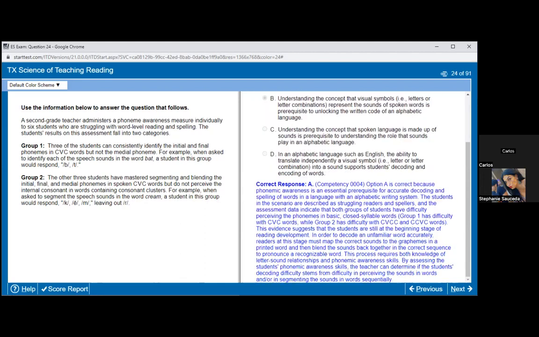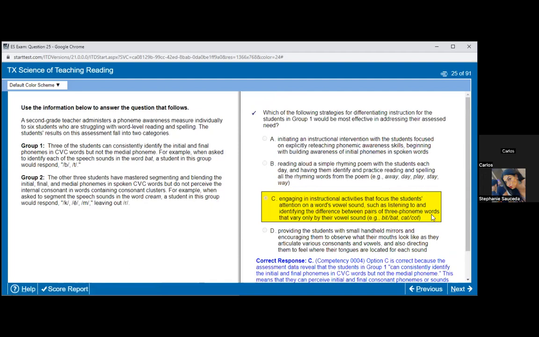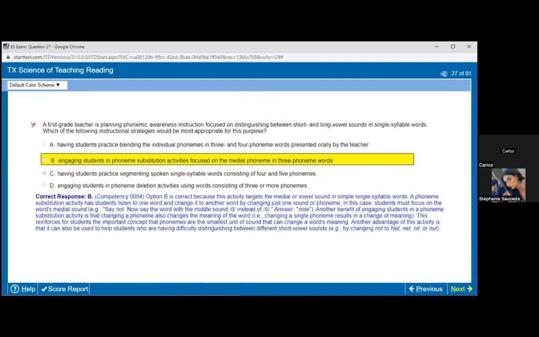Let's see the next one. Here we go. All right. A first grade teacher is planning phonemic awareness instruction.